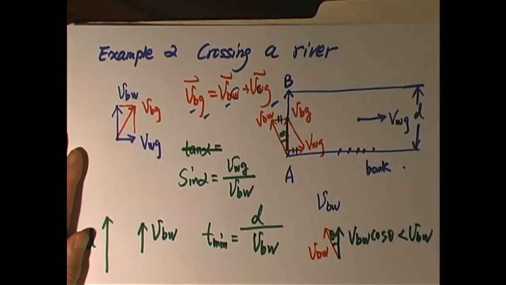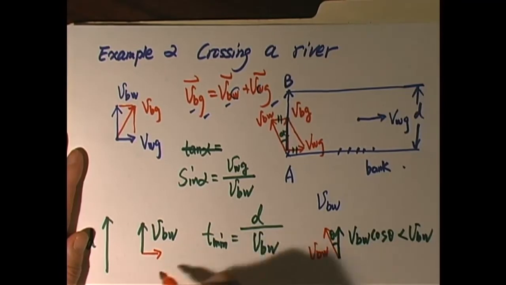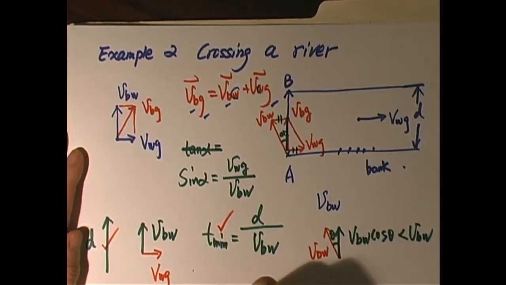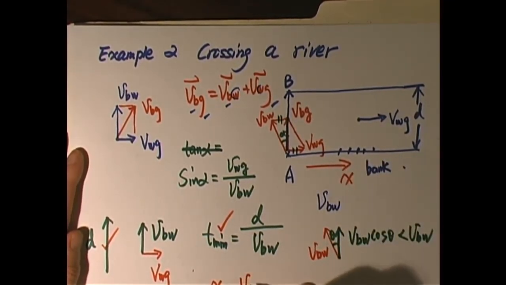Now, by doing so, we will land somewhere else. Let's take a look. Because we are aiming the boat with V boat to the water this way, at the same time V water to the ground will carry us down the stream. So when we cross the river with distance D, the time is this much, and how much down the stream, the x direction, which is, let's say, this way, is the speed of the water to the ground times the time that we spend to cross the river.